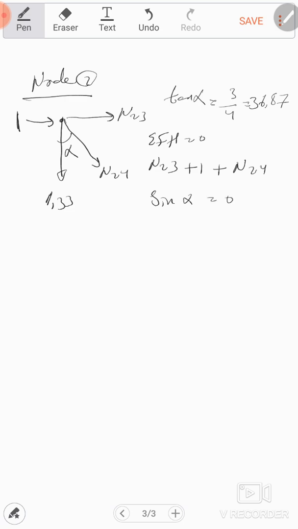So here we have two unknown forces, then go to summation FV equals 0: 1.33 plus N24 cosine alpha equals 0, N24 equals minus 1.67.